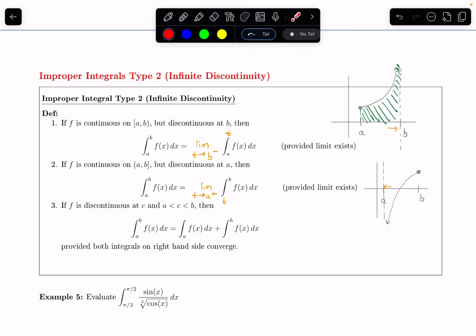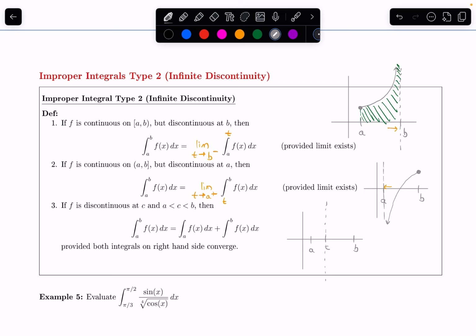The final way I could have an infinite discontinuity like this is if my function is discontinuous somewhere in the middle, at some number c between a and b. Let's draw a picture. Again, I'll draw some axes, and then I'll draw my interval from a to b, and put some number c in between these two where the function is going to be discontinuous.